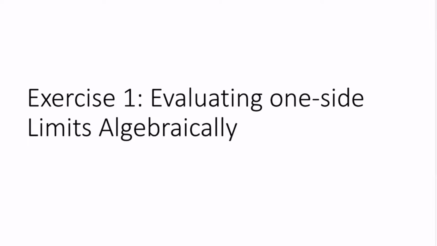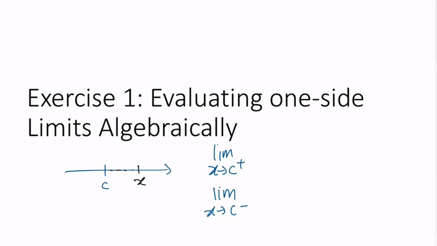So before we start, I will just do a generalization of the idea just now. Okay, so if you see this, the limit when x approach c from the right and the limit when x approach c from the left. So again, your c is here, from the right means your x is here, your h is here.